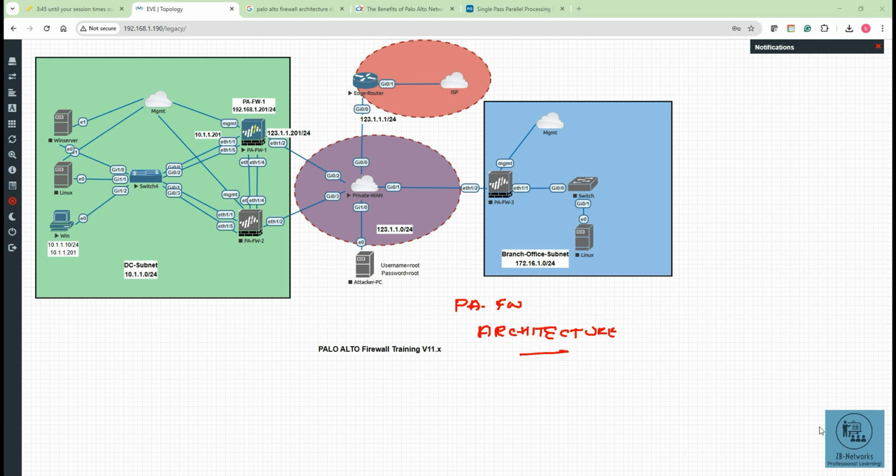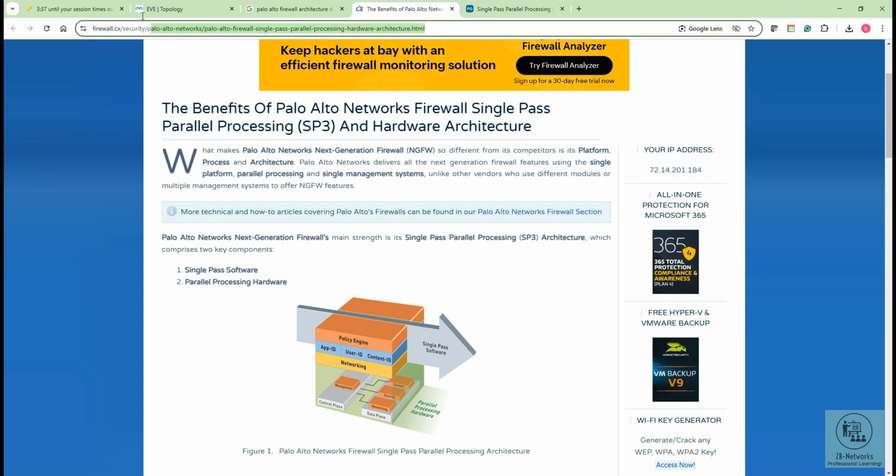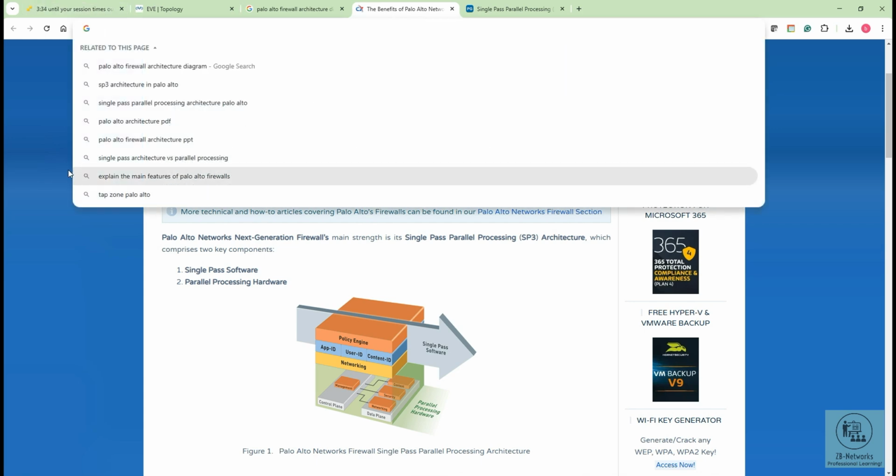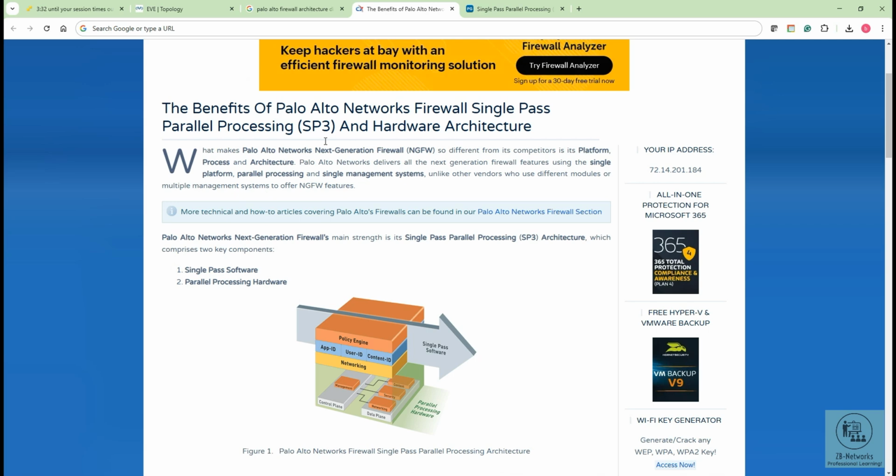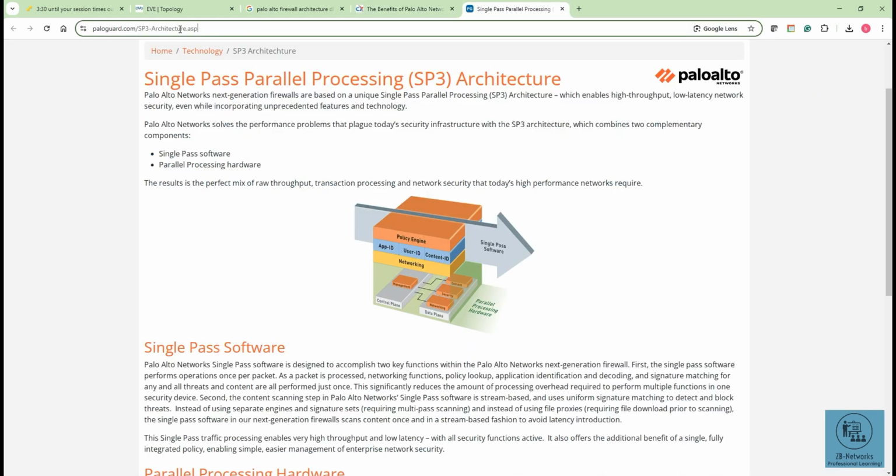We will talk about the different components that fit together in this Palo Alto Firewall architecture. Now let's look into the documentation and take some reference examples from the Palo Alto documentation and discuss this, right?